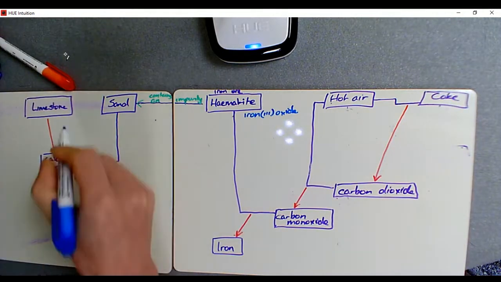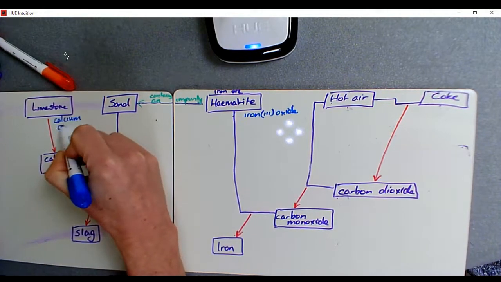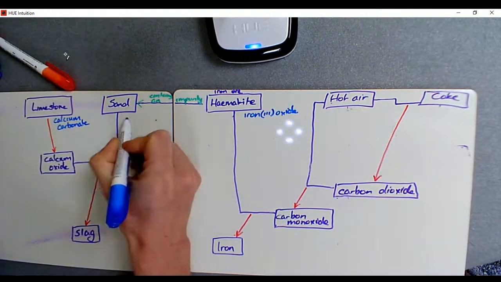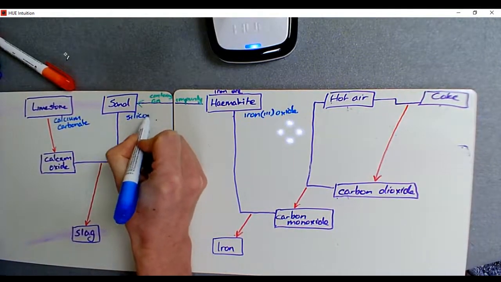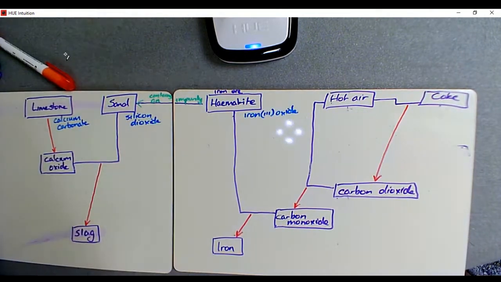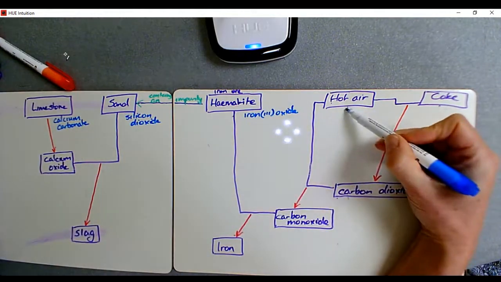So what you should have got is limestone is calcium carbonate. Sand is silicon dioxide. You won't have heard it much, but it's everywhere. Hot air, the important chemical in it is oxygen.